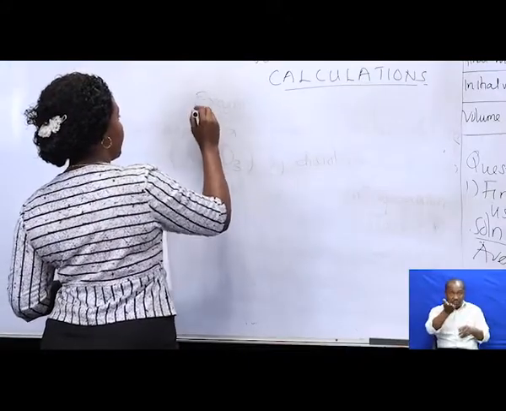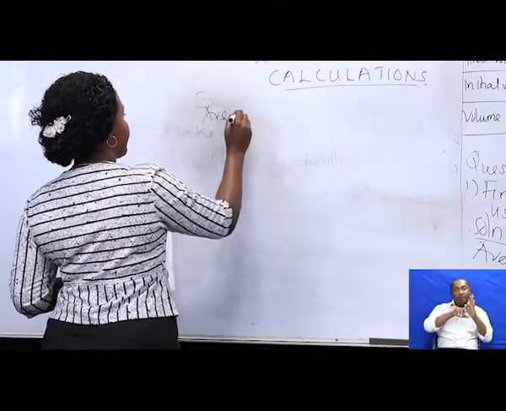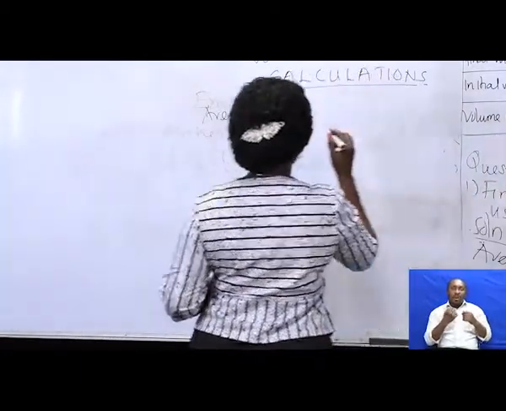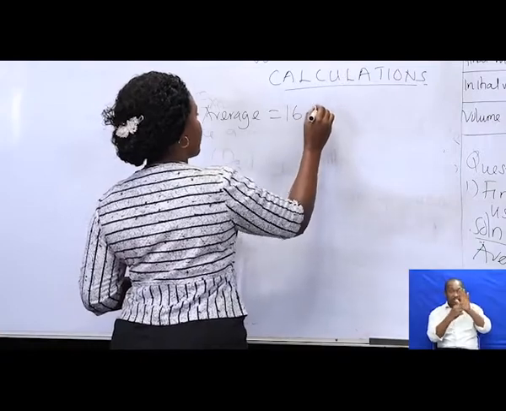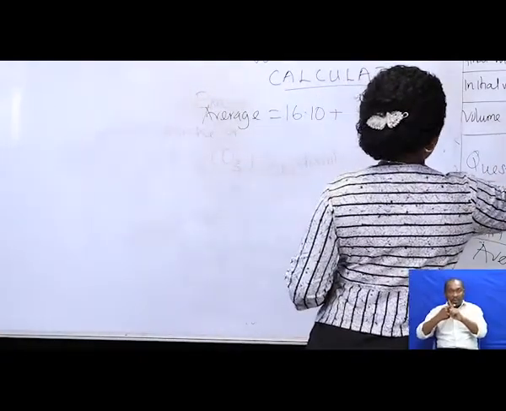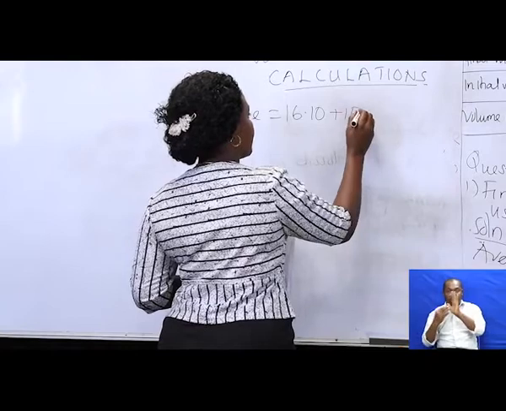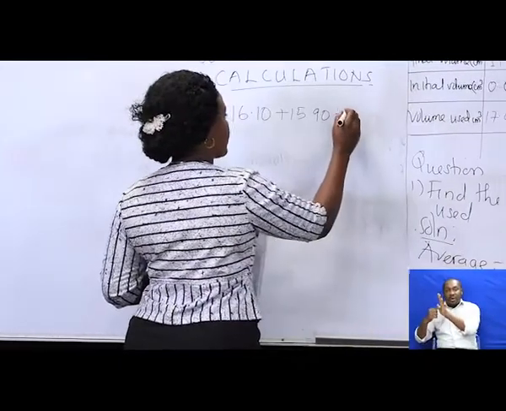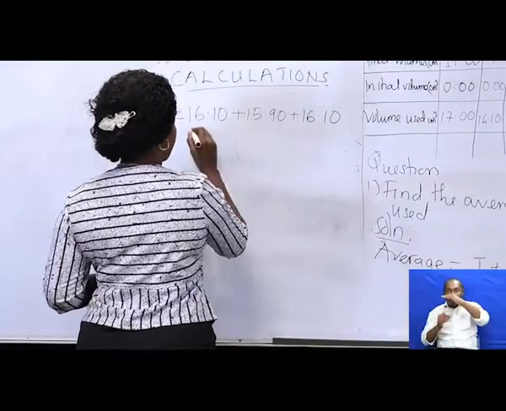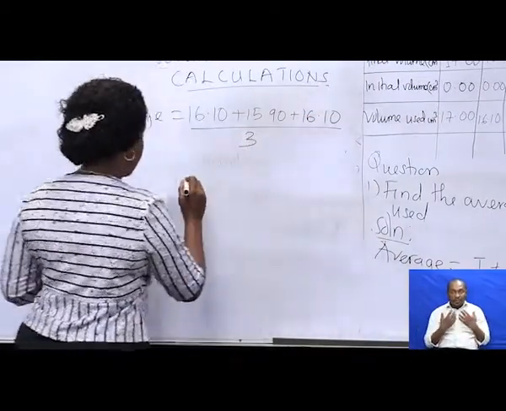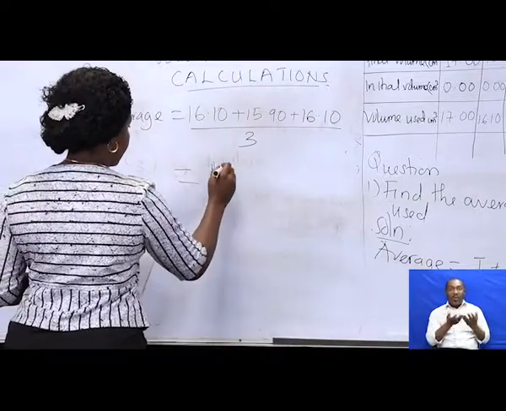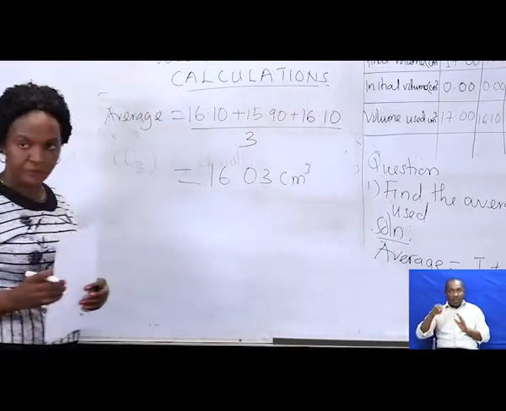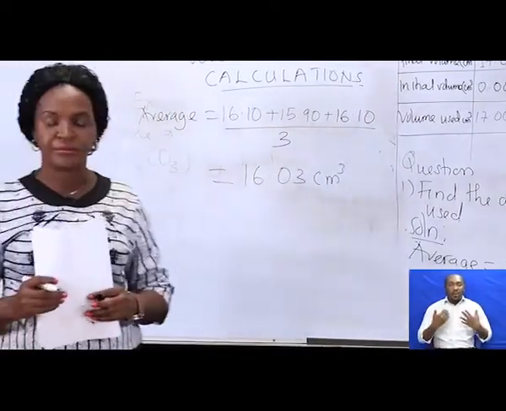Therefore, the average volume used is equal to, for experiment 1, 16.10, for experiment 2, 15.9, plus 15.9, for experiment 3, it is 16.1. So the average, you must divide by 3, and the answer will be 16.03 cubic centimeters.